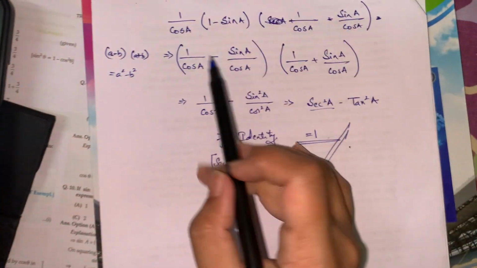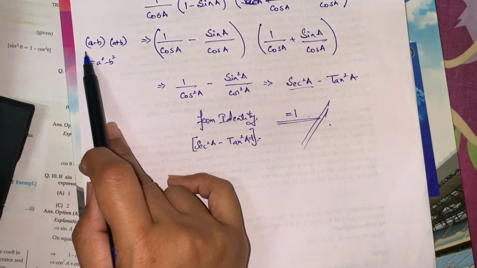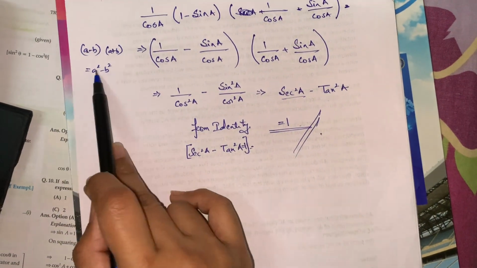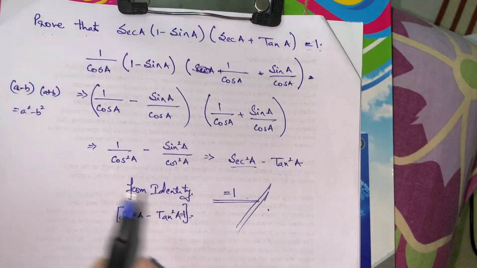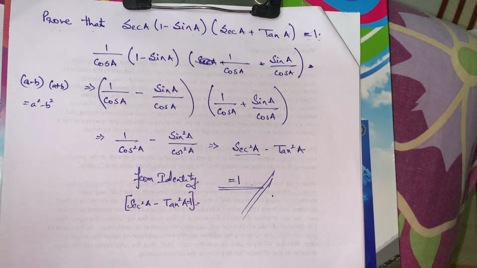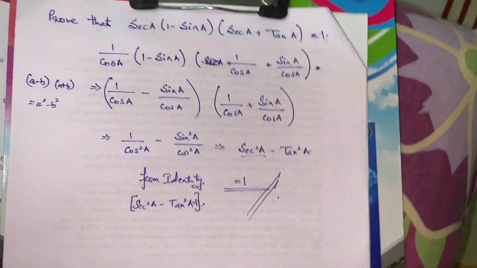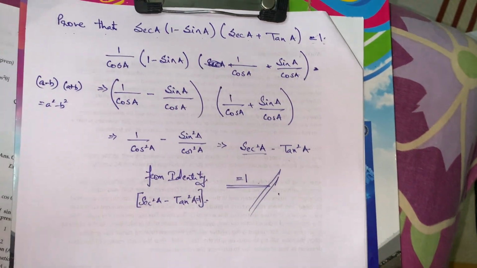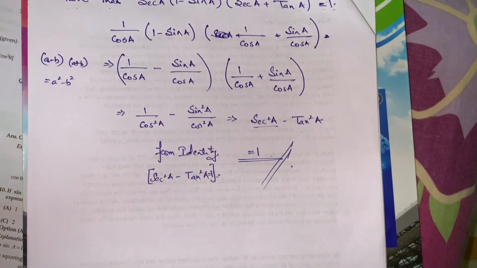Isn't it a much simpler way that I just converted this part and this part, and then used this identity? Now some students may say, how are you using algebraic identity in this? You can use anything. You can use different methods to solve a problem, because this is just a proving. How you prove does not matter, but you prove it properly using the identities is what we want. Okay, and hence it is done in here.